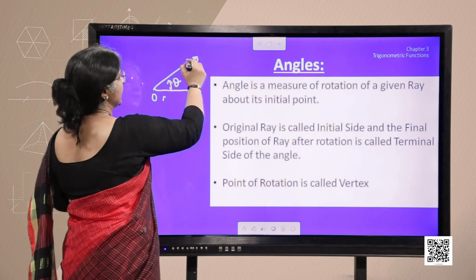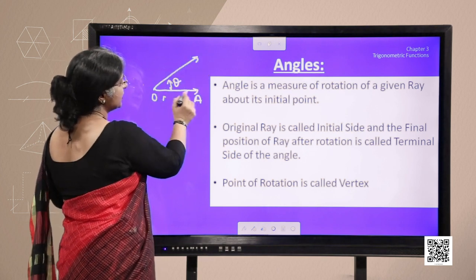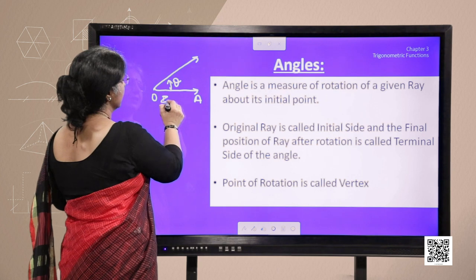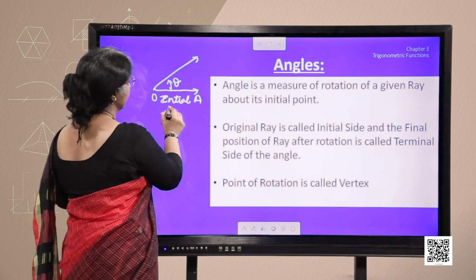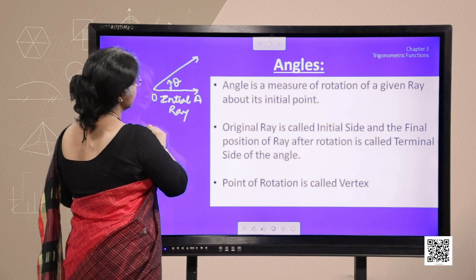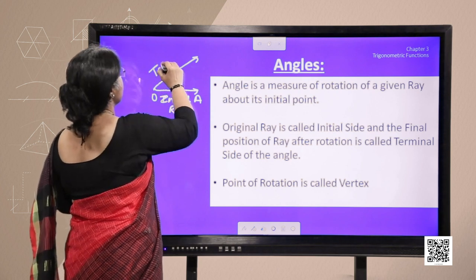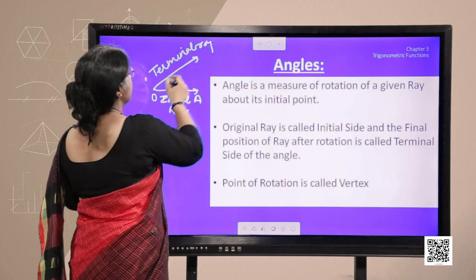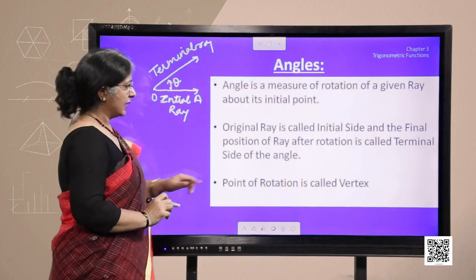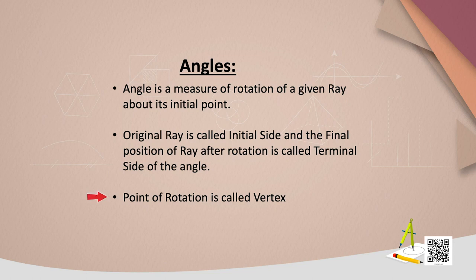This is called terminal ray, which is revolving. Initial ray is stationary. It keeps on revolving. Point of rotation is called vertex.